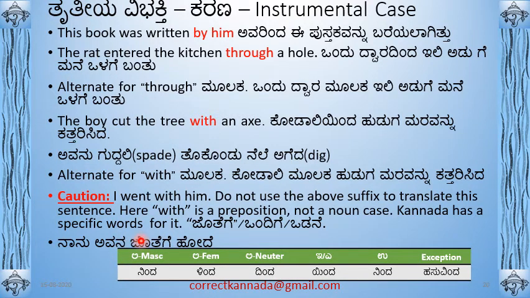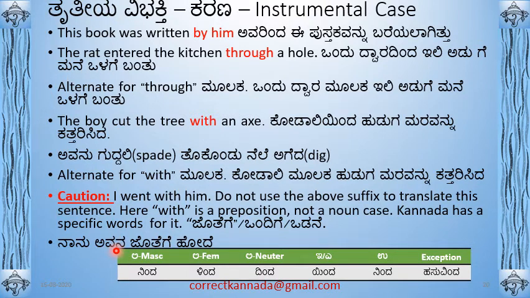This one is a bit subtle, because although you are using jote, the noun before that jote has to be in Shashti Vibhakti. There is some subtlety that you need to understand. We have not looked at Shashti Vibhakti yet, but we'll see it later. Be aware of this: whenever you're using jote, the noun before that has to be in Shashti Vibhakti.